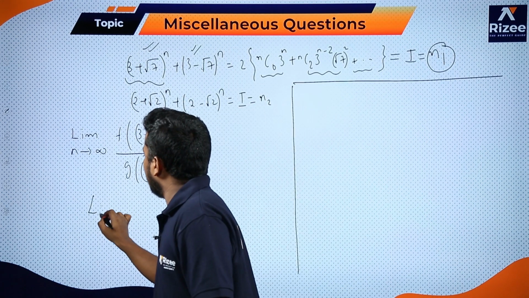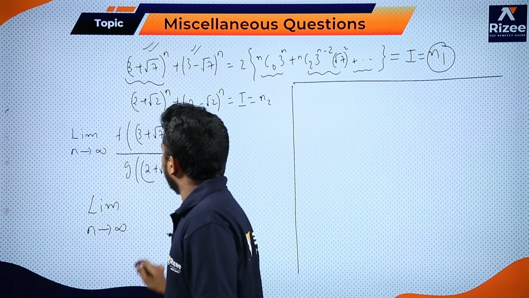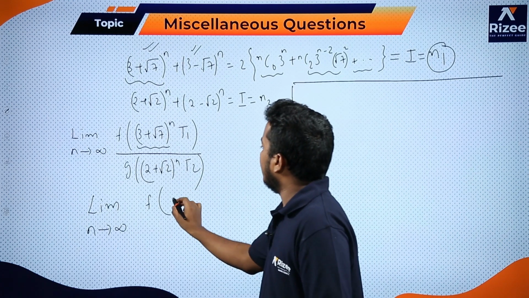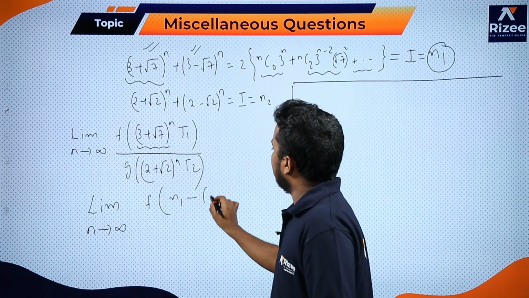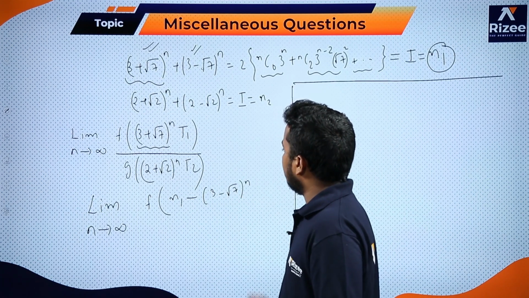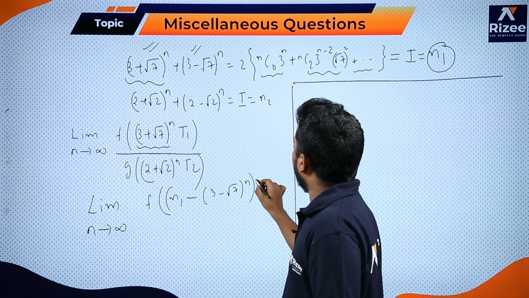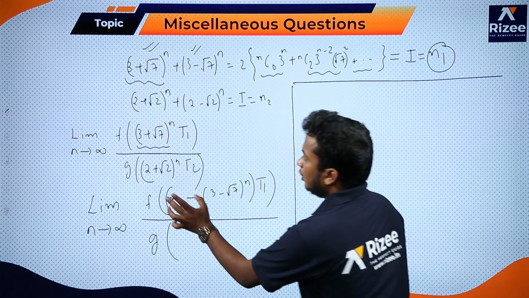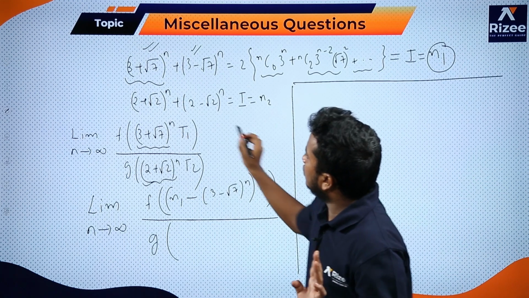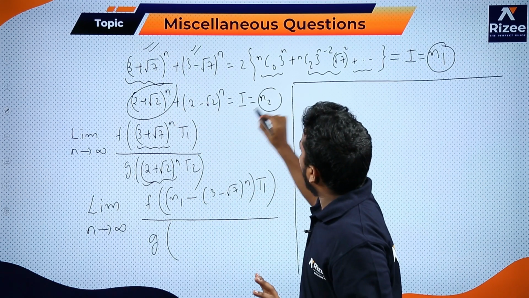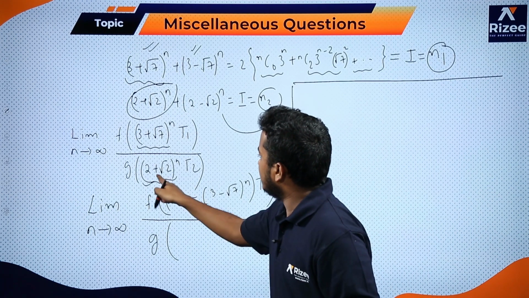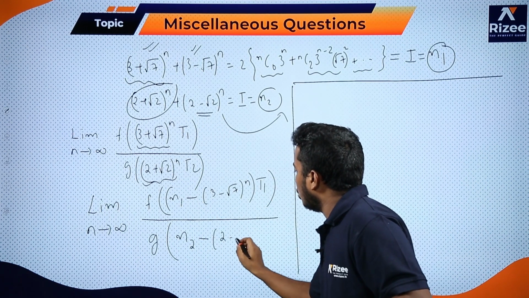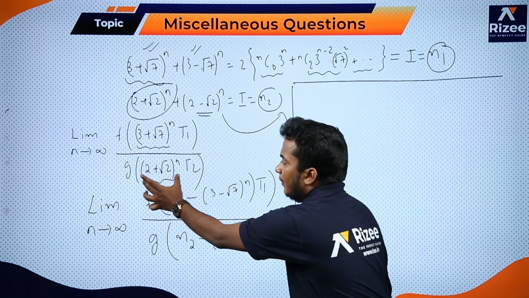So the required limit can be written as f of (3 plus root 7) whole power n, that can be written as n1 minus (3 minus root 7) whole power n, multiplied by t1, divided by, similarly in the denominator I can write (2 plus root 2) whole power n as n2 minus this part, which is (2 minus root 2) whole power n, multiplied by t2.